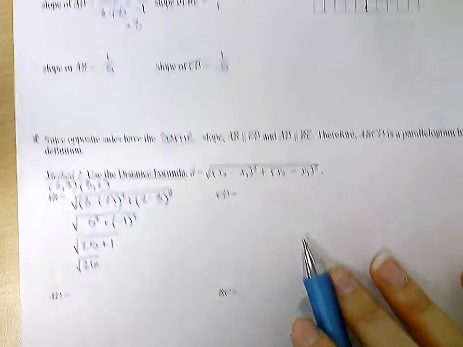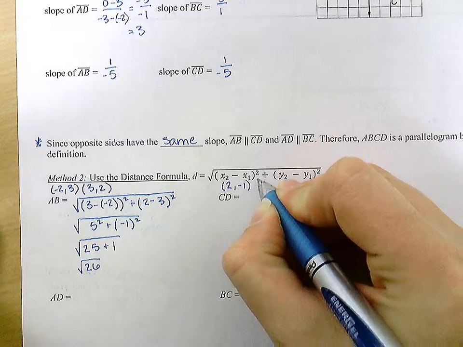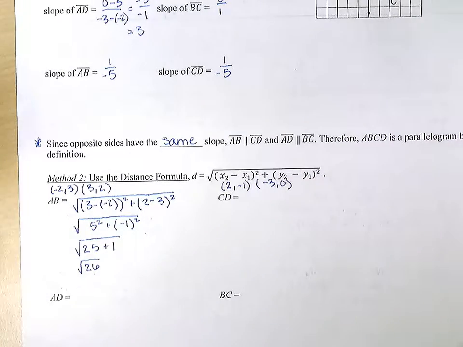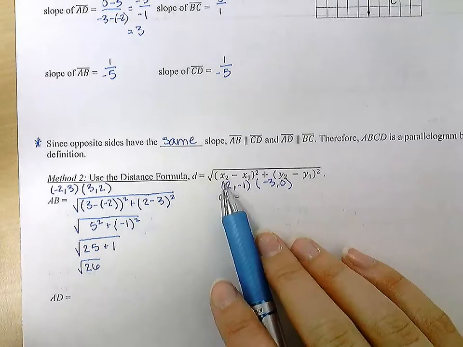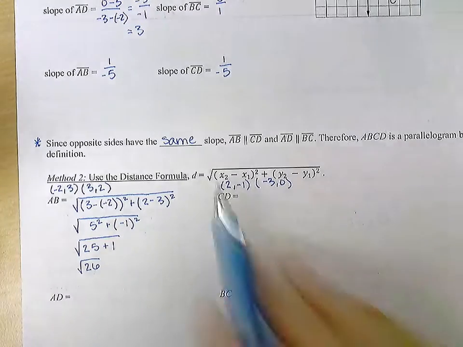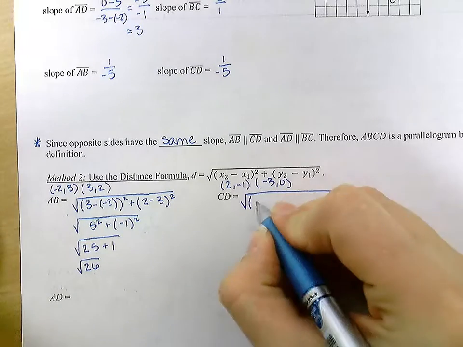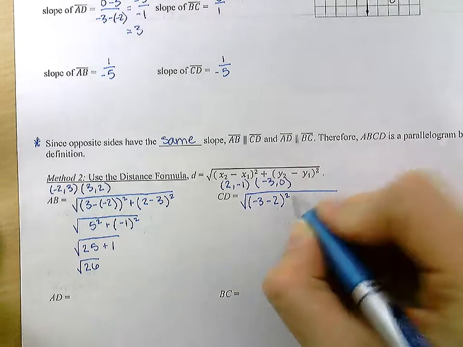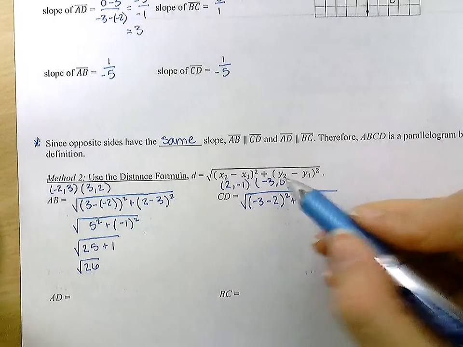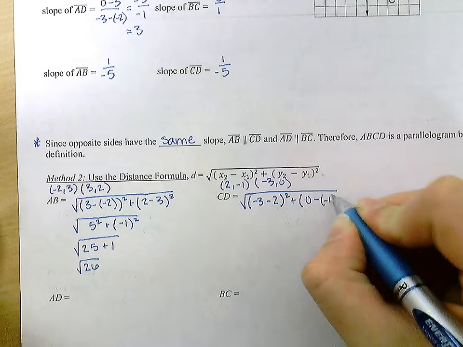So I need points C and D for this one. So point C is at 2, -1, and D is at -3, 0. And you don't have to write them down again. It's easier for me to explain when I put it here. So again, using our distance formula, we can take x sub 2. So we have -3 minus x sub 1 is 2. That's squared. Plus y sub 2 is 0 minus y sub 1 is -1.